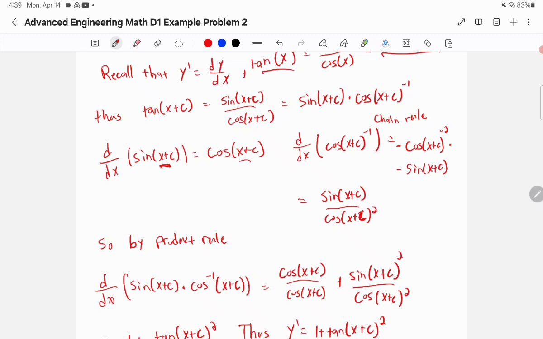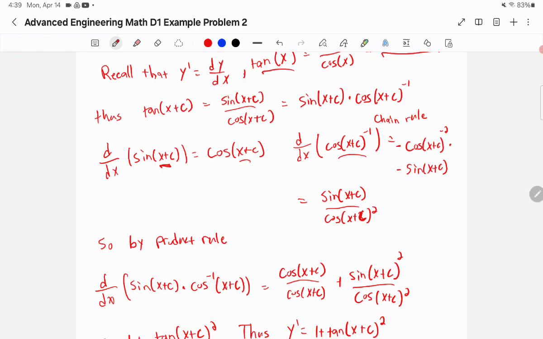You can use the chain rule to verify this, but effectively, the derivative of sine of x plus c is just cosine of x plus c.